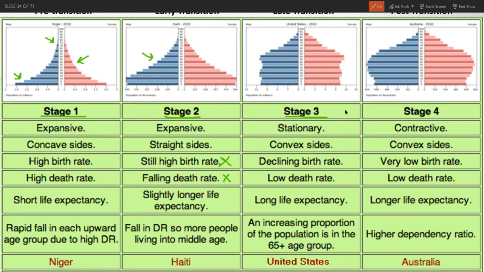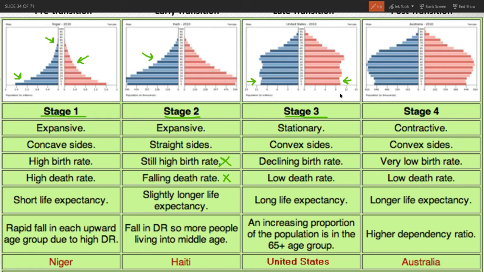late transition. In this case, we have the birth rate starting to decline somewhat. It is your stage three, where you see birth control, a lowering infant mortality rate, changes in the economy, where large families are not necessary to maintain agricultural activities, people moving to urban areas, having smaller families, that kind of thing.